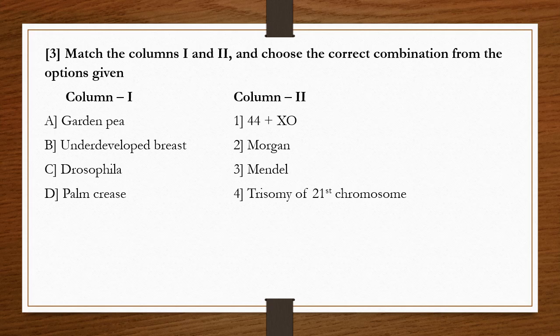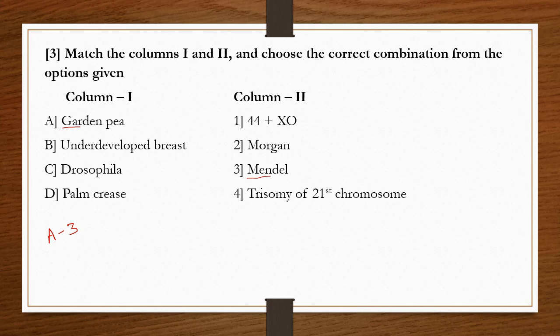So we all very well know that garden pea was studied by Mendel. So garden pea is 3. It is considered the experimental material for Mendel's work. So that's why A is 3.